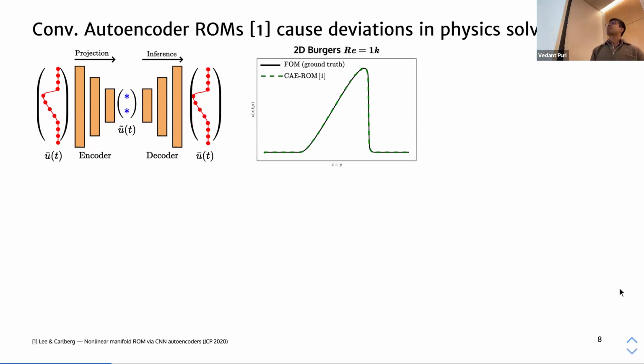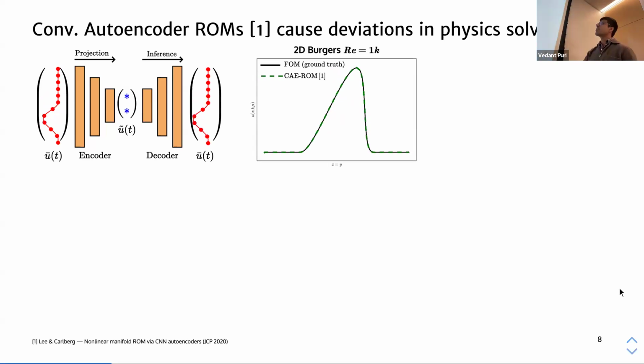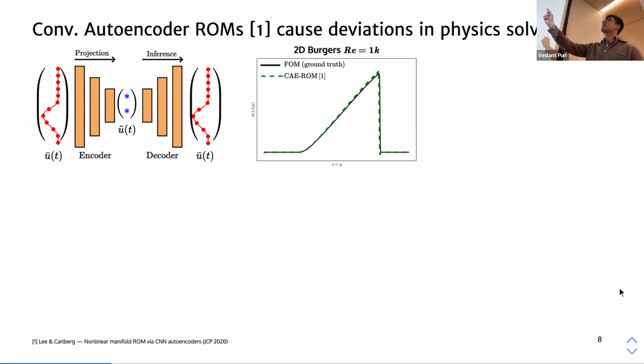However, when we apply the raw methodology to this convolutional autoencoder, we see that the model starts off very well, but it accumulates errors that lead to a really poor solution over time. As you can see in this figure, the convolutional autoencoder prediction deviates somewhat sharply from the ground truth solution over here.